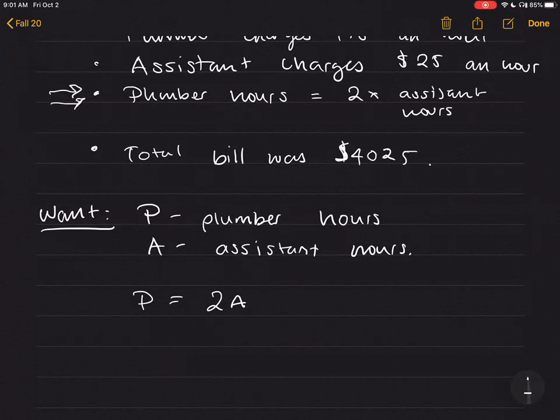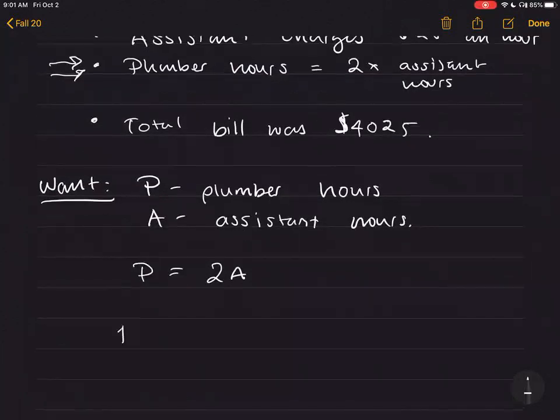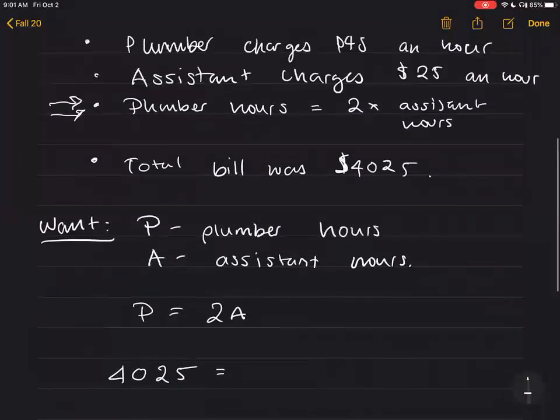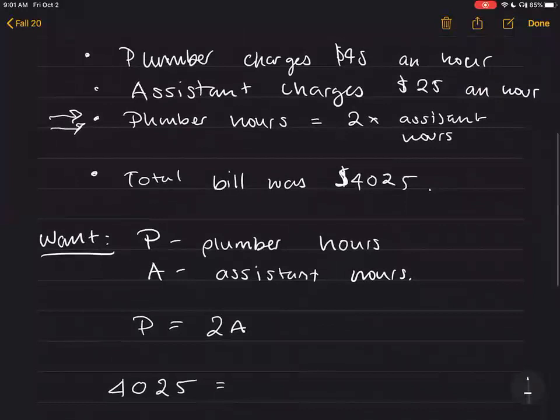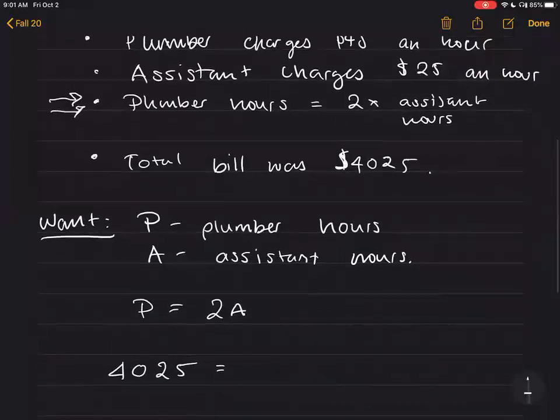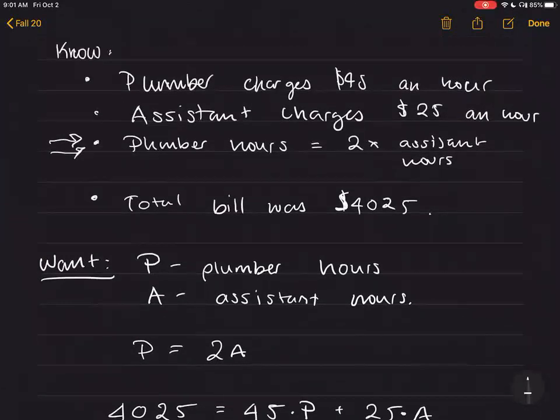We also know that the total bill was 4,025, and that is going to be his $45 an hour times however many hours he works, plus $25 an hour for the assistant times however many hours the assistant worked. That came from these 3.